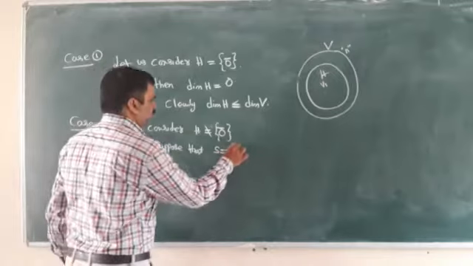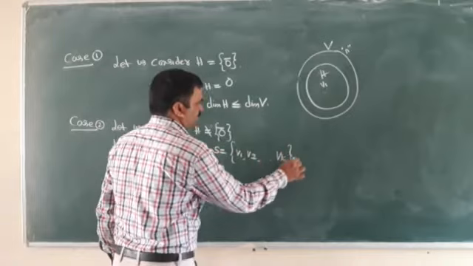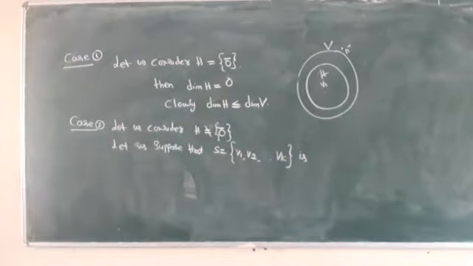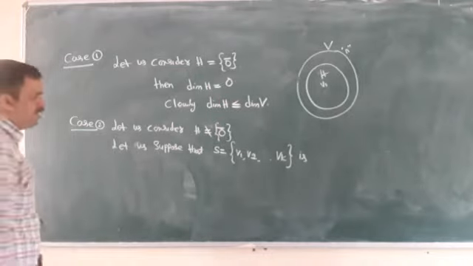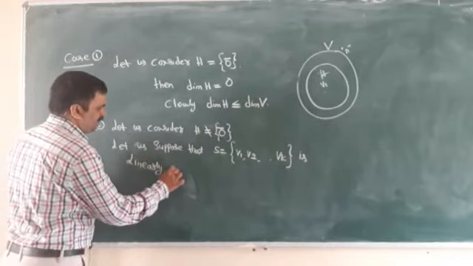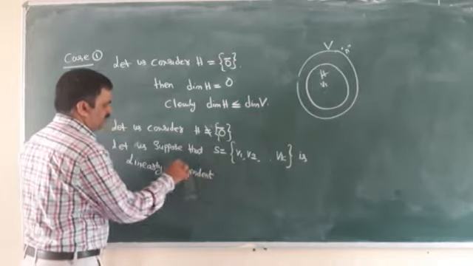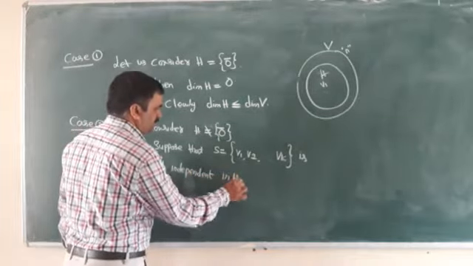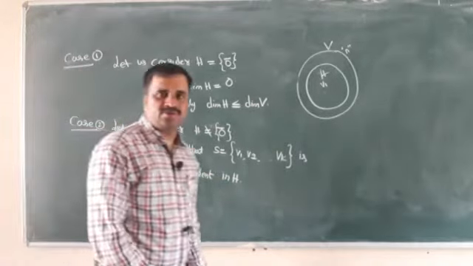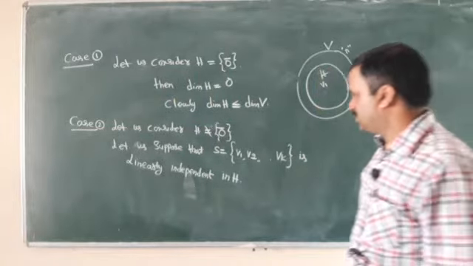Suppose that S is equal to {V1, V2, and so on, Vk} is a linearly independent set in H.